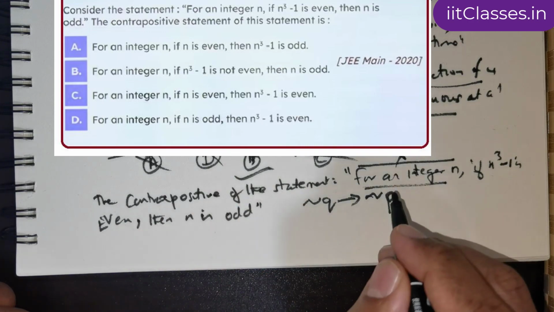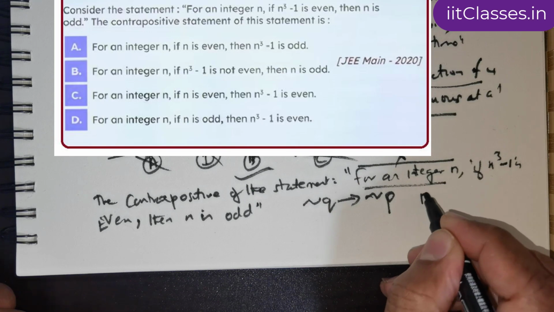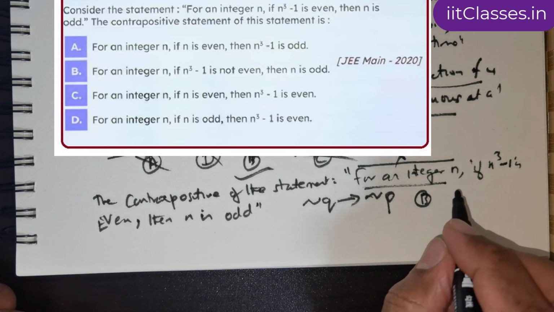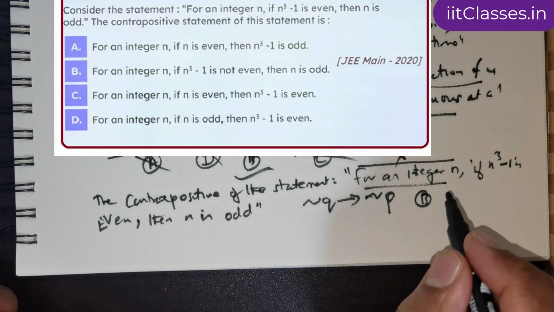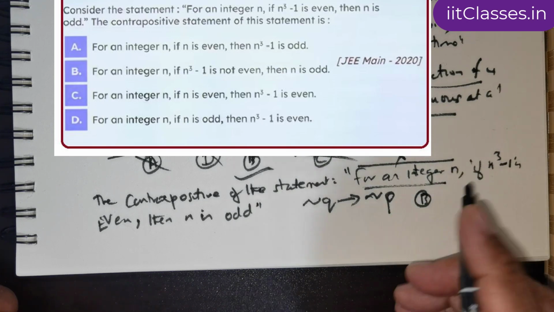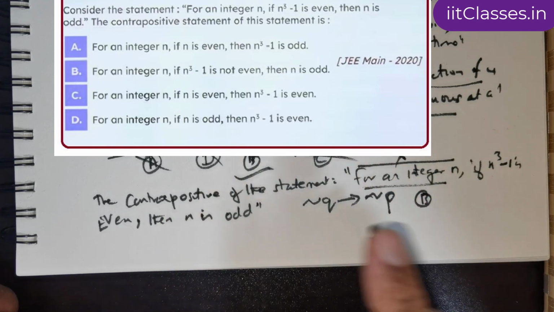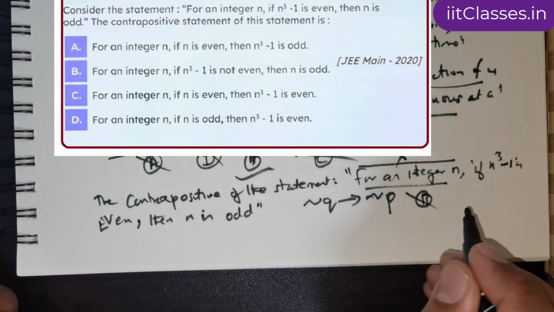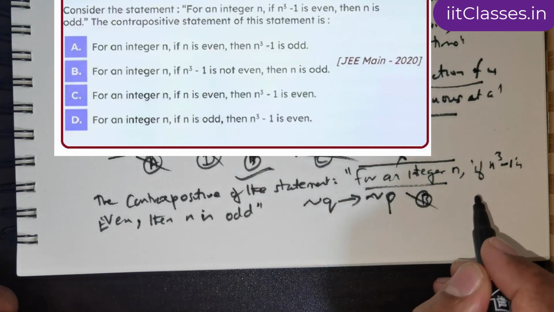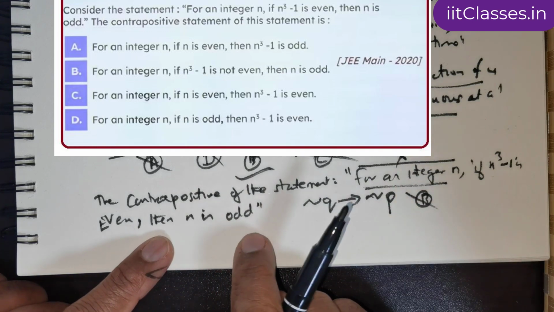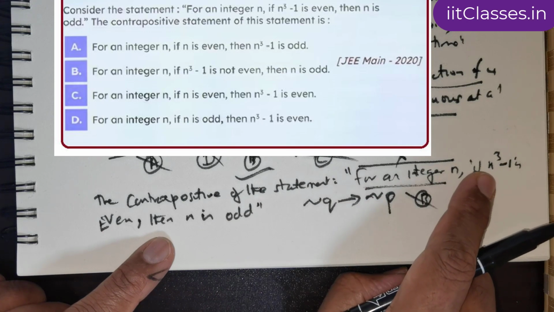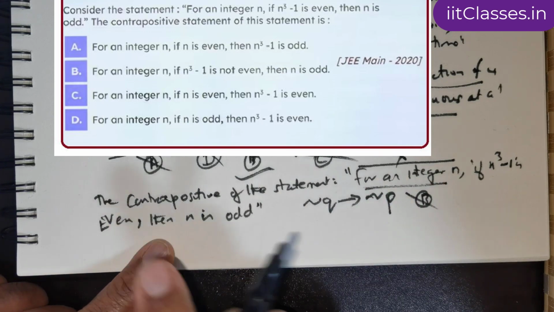So examine B. Let me start with B. You can clearly see that for an integer n, okay, we ignore that, n cubed minus 1 is not even. So we don't have to start with this, right? We have to start from here. So B is ruled out. So C, for an integer n, if n is even, so if n is even, that's fine, then n cubed minus 1 is odd, but it states even.